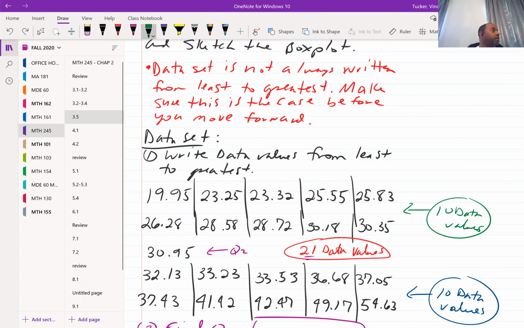Once again, we have 21 data values. Our legit middle value is 30.95. And we have 10 values in the first half of data, 10 values in the second half of data.